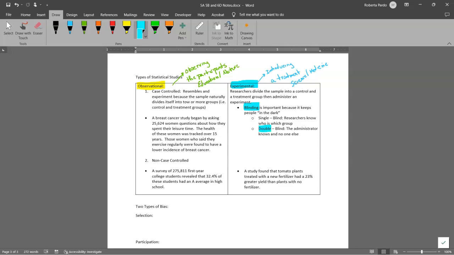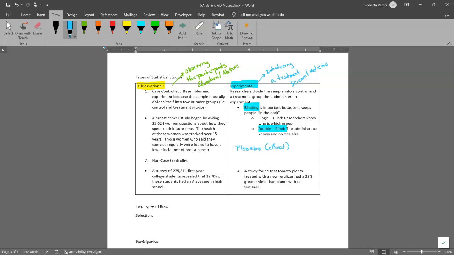And in most cases, it's best to do a double blind study because researchers can introduce their own ideas if they know which group is which. We also, in experimentals, have the placebo and a placebo effect that can occur.